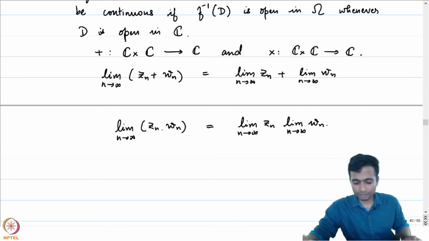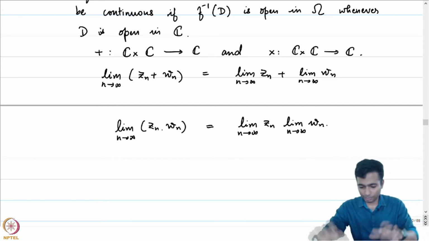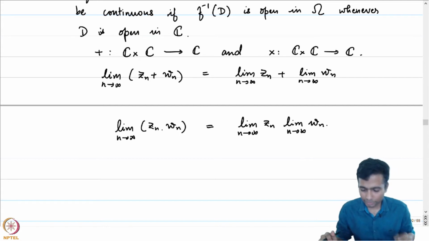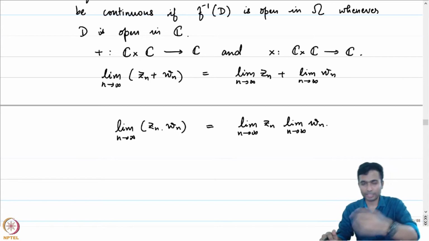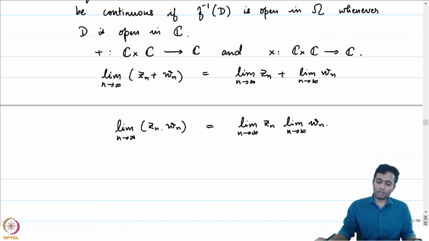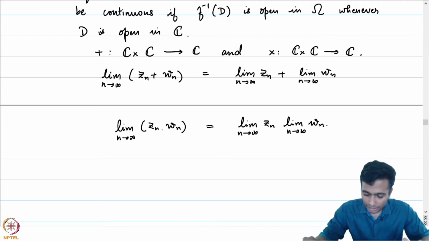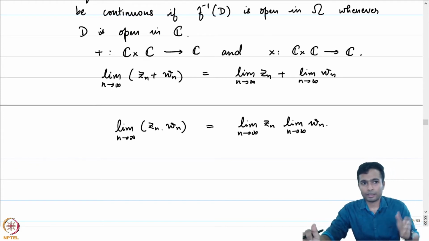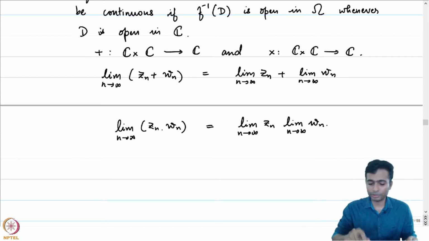I didn't write that these two operations are continuous, but this is effectively telling us that addition and multiplication are continuous in the product topology. This can be checked by considering the triangle inequality and the fact that the absolute value of Z times W is the absolute value of Z times the absolute value of W. So using that, this can be checked.